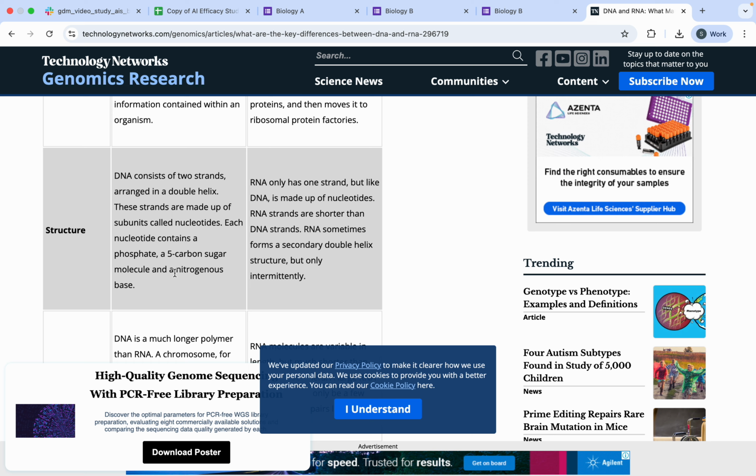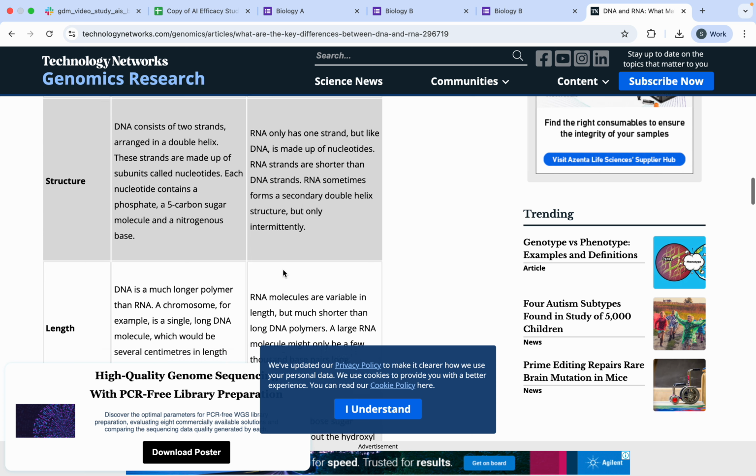Now, RNA only has one strand, but like DNA, it is made up of nucleotides. RNA strands are shorter than DNA strands, and RNA sometimes forms a secondary double helix structure, but only intermittently.